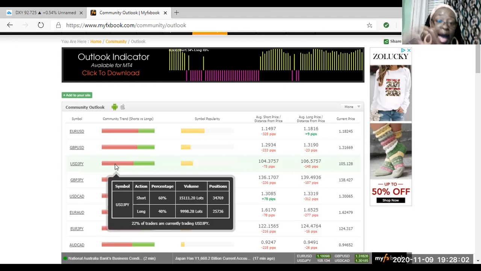Those are active current trades. 22% of those traders are in USD/JPY. Now, the other numbers that you're seeing here, the positions, those are pending orders. So 60% of traders have pending orders in for short, right? And 40% have pending orders in for long. Great insight as to how people feel overall.